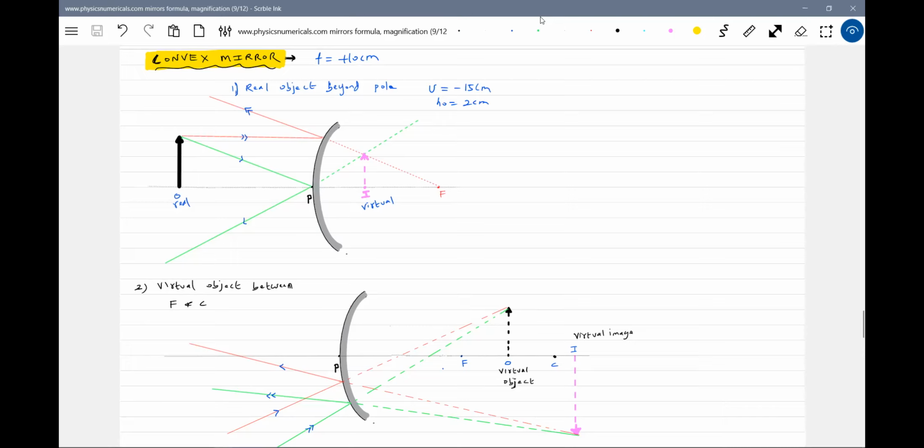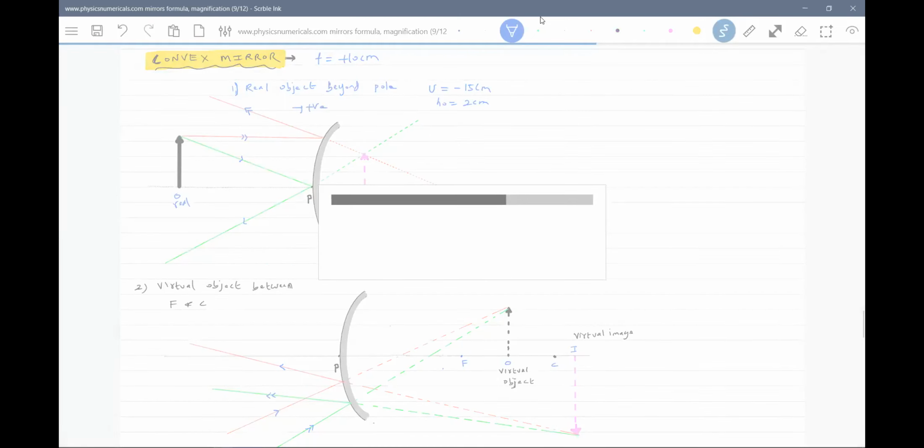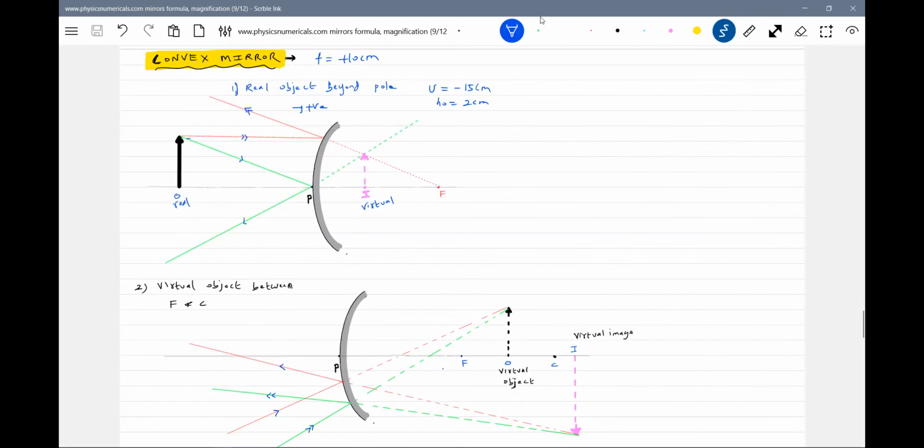Agreed. Then what is the direction of incident ray? The direction of incident ray should be towards positive. Let me indicate here. These are the directions of incident rays. Okay, let's go to our formula. The incident ray parallel to the principal axis, after reflection, should diverge from the focus.